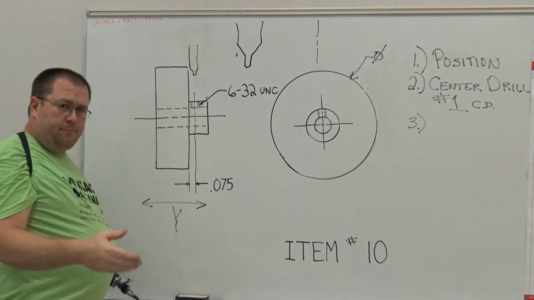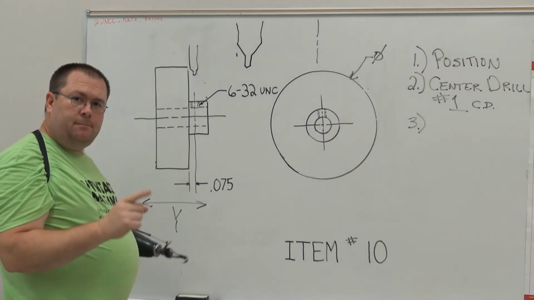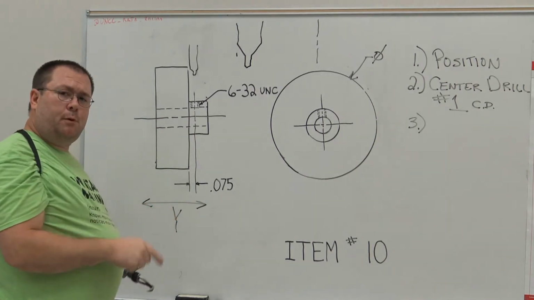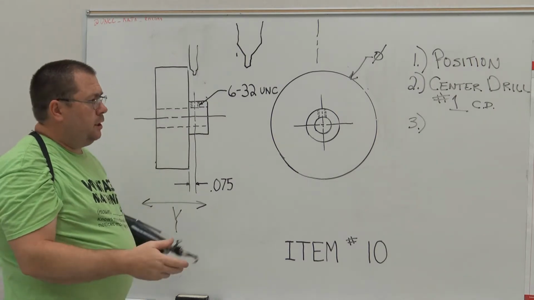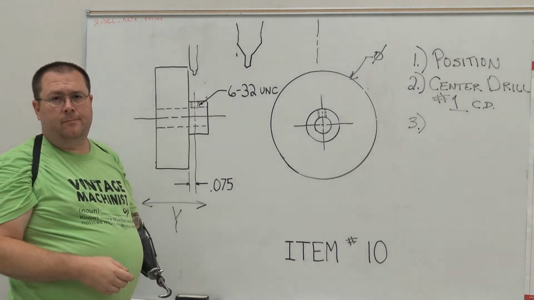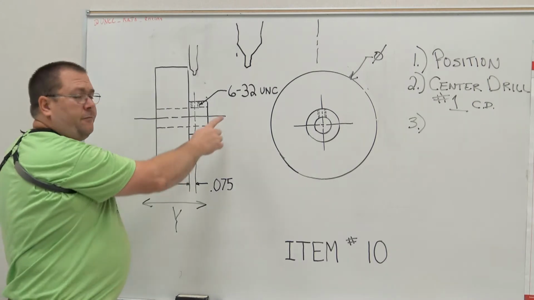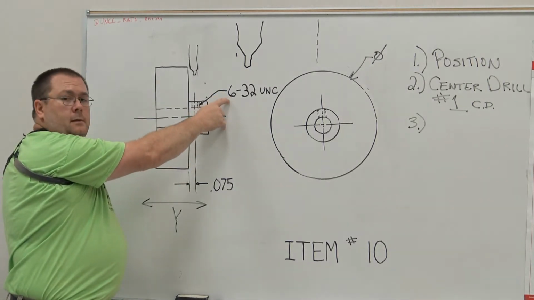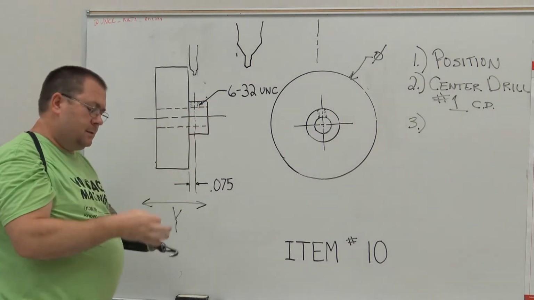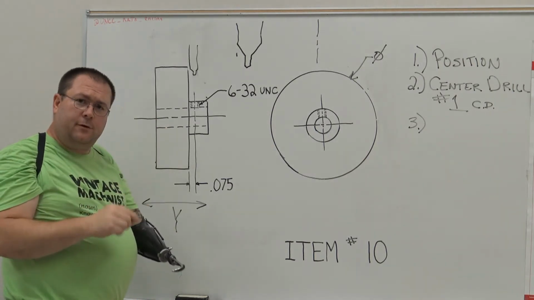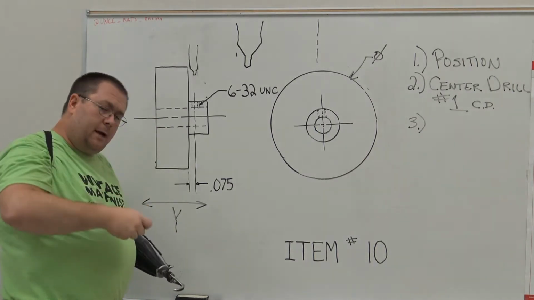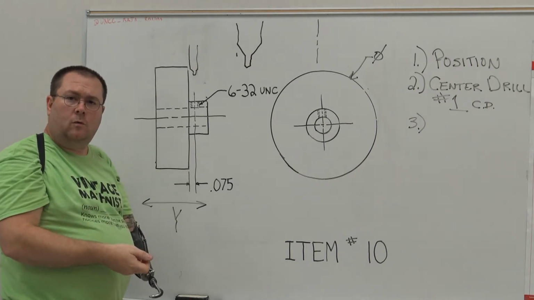We use split point drills in this operation, but to teach you good practice, I would like to see you center drill. So we're going to use a split point drill, but we have to figure out what the tap drill size, or the drill size that is of the accurate size before we come in and tap the hole, okay?